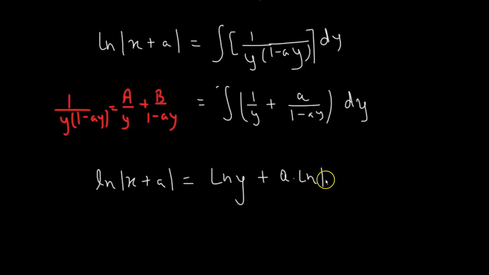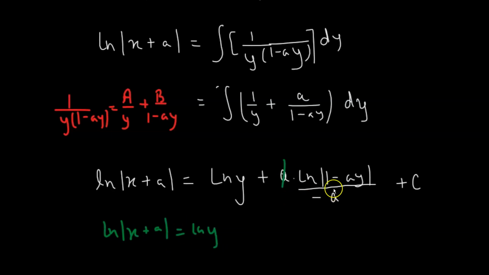That should be natural log of 1 minus ay, but we also have to have this negative a in the denominator. So that plus the constant of integration c. And finally, we should get natural log of x plus a equals to natural log of y. The a and a get cancelled. Negative natural log of 1 minus ay plus the constant of integration c.